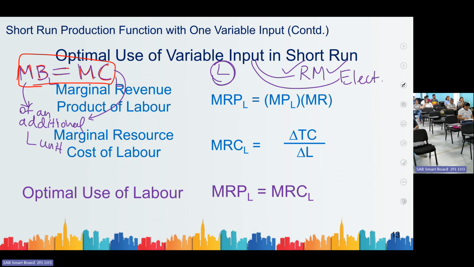Why does a firm produce output? To sell them and earn an income. So additional revenue becomes the marginal benefit.